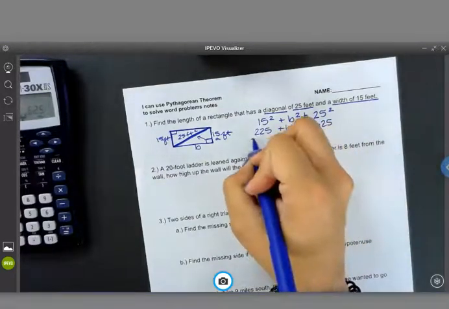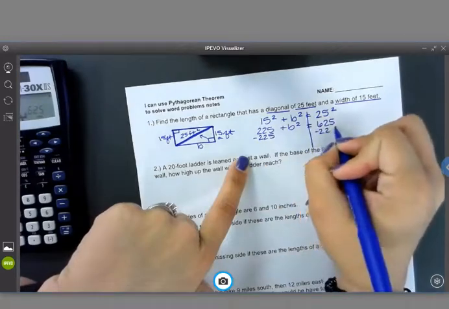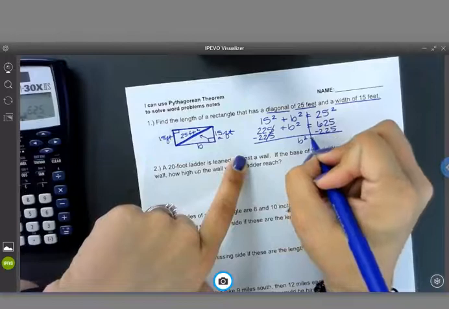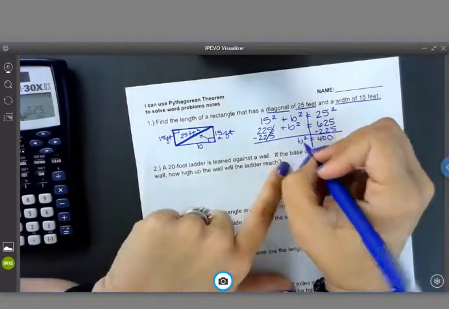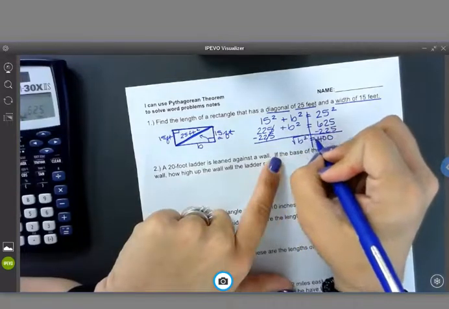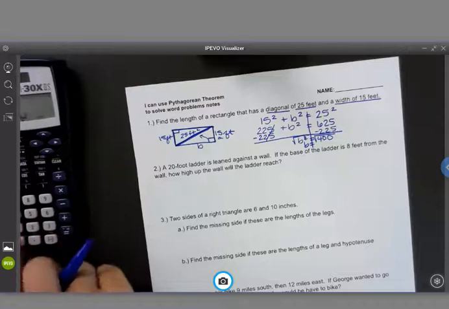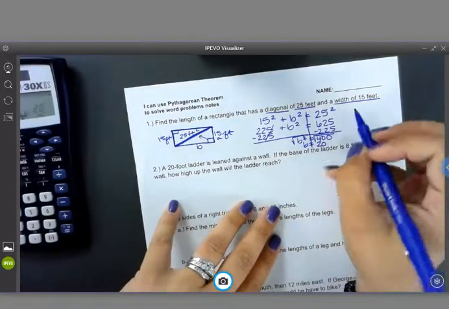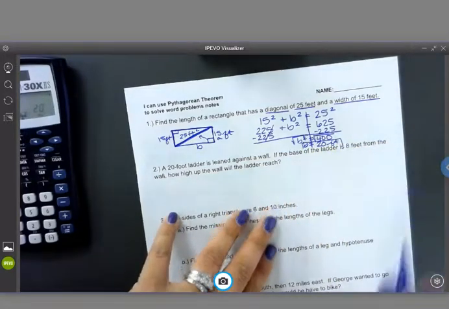We have to subtract the 225 to get the b squared by itself. We get 400. To get the b by itself and get that exponent off, we have to square root both sides. So square root of 400 is 20, and of course it's a word problem, so we have to label it. So 20 feet.